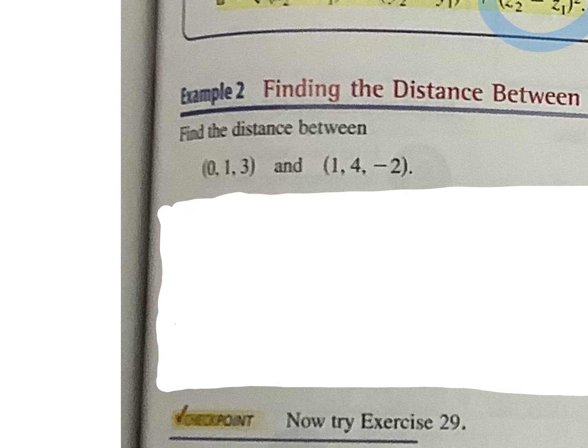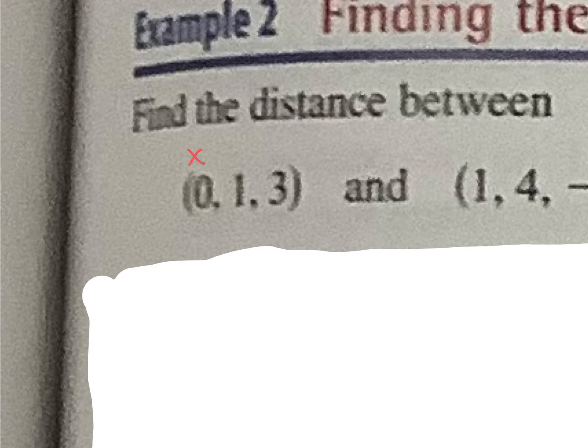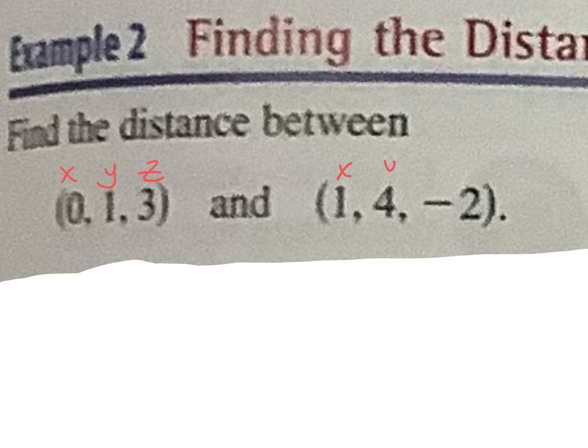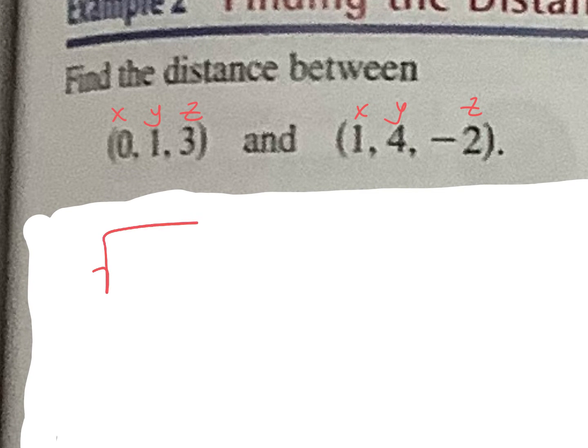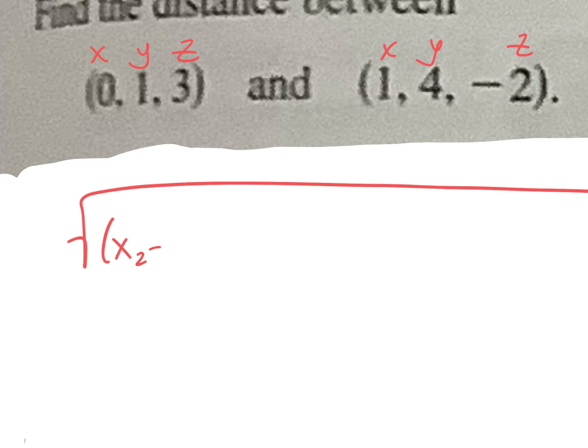Mathematically, algebraically, this is easy to find. If they're asking you to find the distance between these 2 points, it's just in a 3D plane. This is my x, this is my y, and this is my z, correct? So to find the distance, it's your x's, right? Look at your distance formula. You subtract your x's, x2 minus x1.